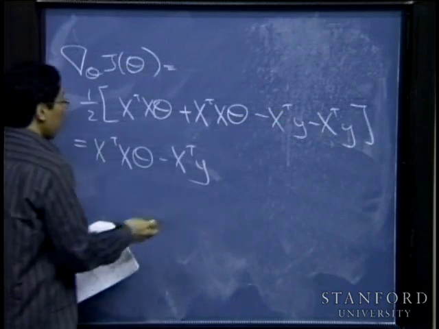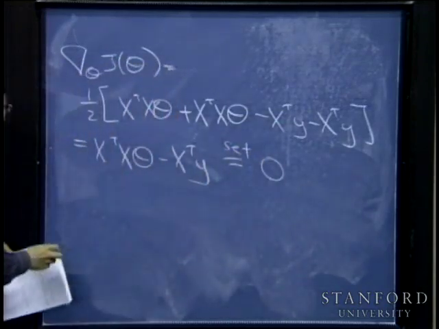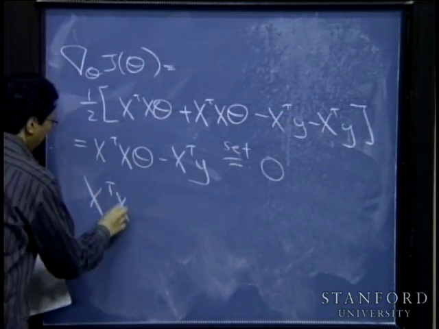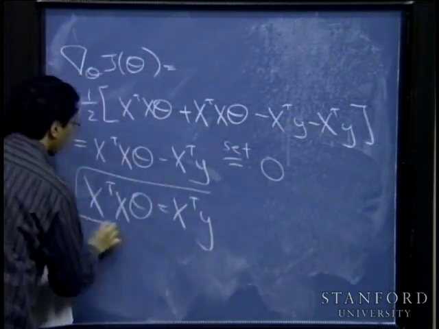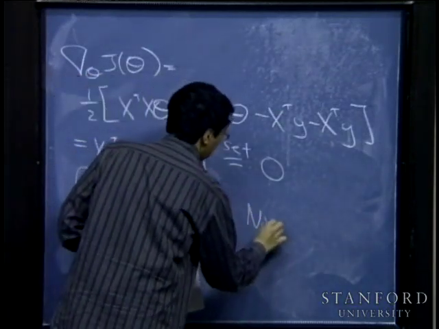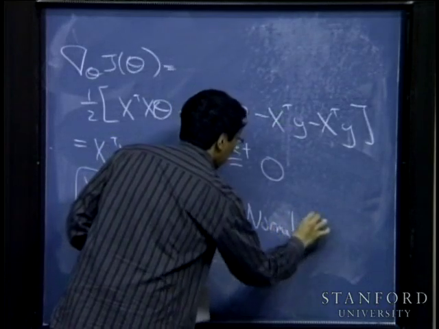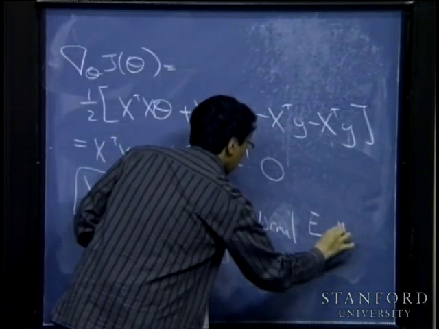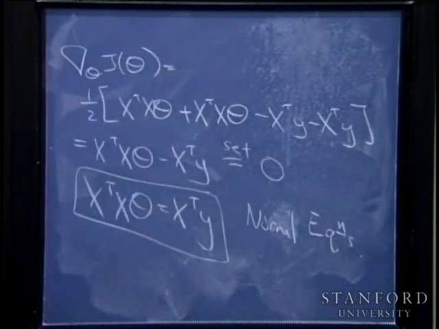Okay? So we set this to 0, and we get that, which is called the normal equations.